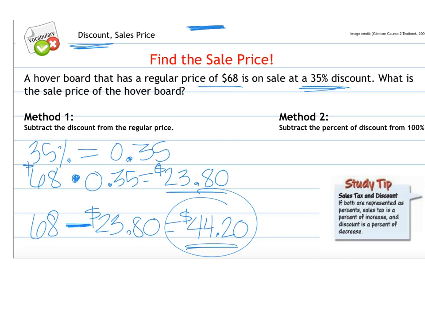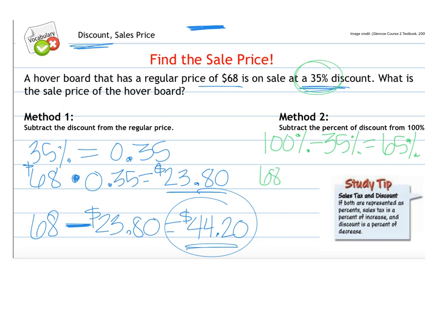The second method is similar to sales tax, except instead of adding our percent to 100, we're going to subtract it. Because if the hoverboard is on sale at 35% off, that says that we're paying 65% of the price, because 100% minus 35% is 65%. I need to know how much I have to pay, so I need to know what is 65% of 68.